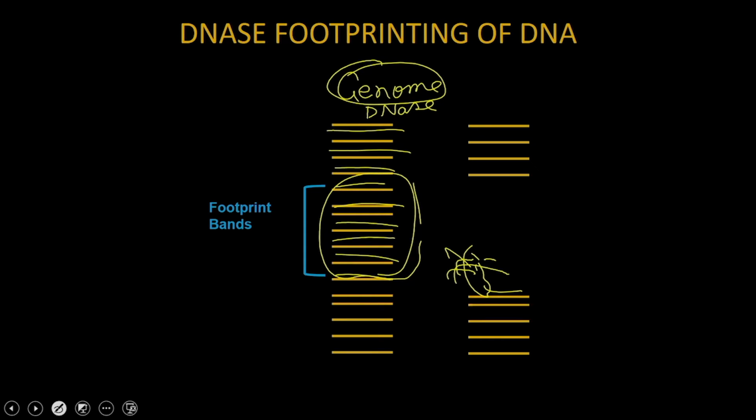Because this is DNA, what we have added is a protein block. So, in this case this region is going to be protected from the action of the enzyme. As a result, this portion is going to remain uncut and this portion is not going to appear.